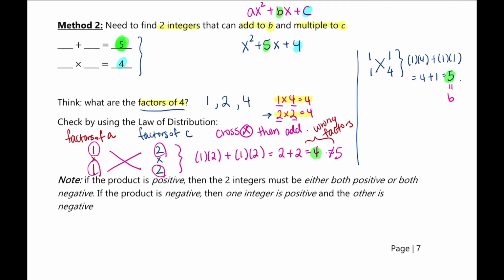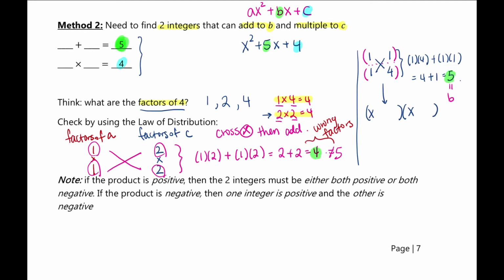Once we find that this value equals the middle term, b, we need to put brackets around the first row horizontally and another one around the second row. And then rewrite this using the variable. We have x squared, that's essentially x times x. So we write x and another x.